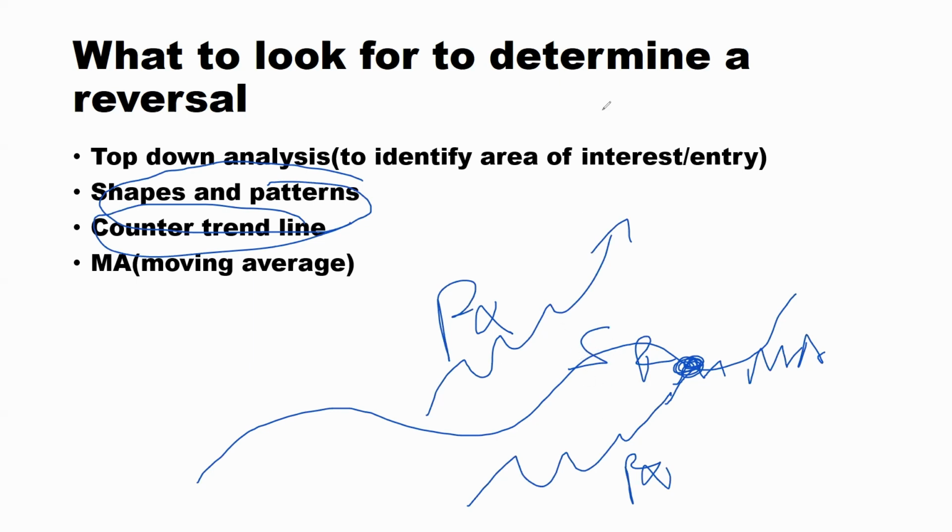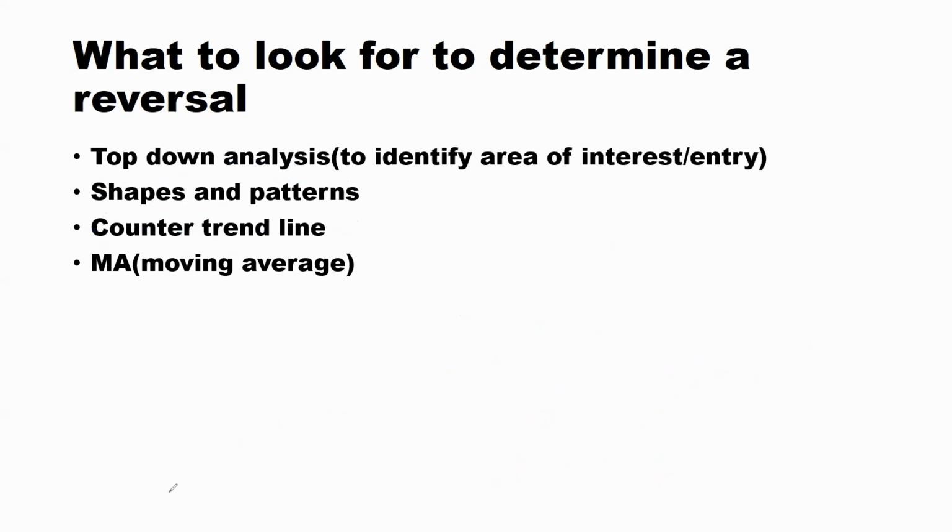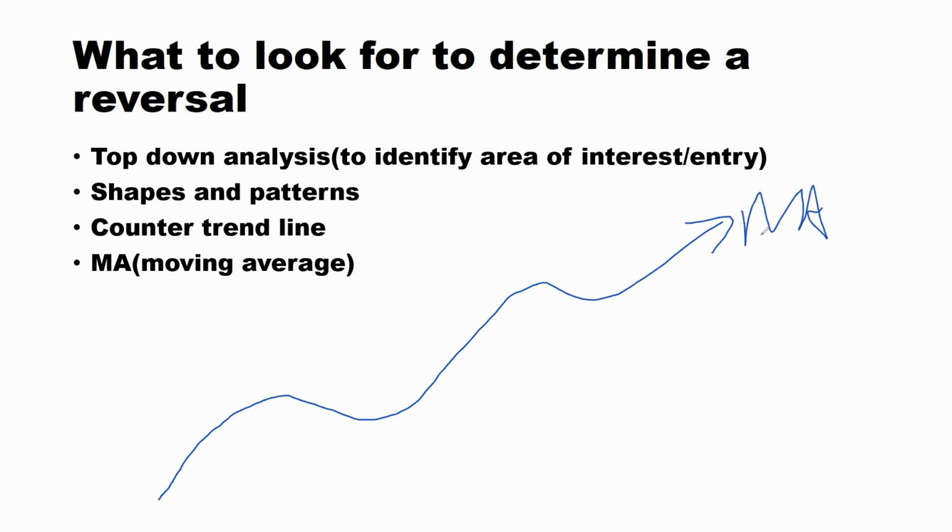Now, how does it help us in change of trend? Let's say we shift to our entry time frame, like H4, and this is the moving average here. When price is above it, let's say I have a W and I'm expecting to sell. I will not sell until price breaks below the moving average. Remember, we're looking to sell, and while price is above, the moving average is acting as support.